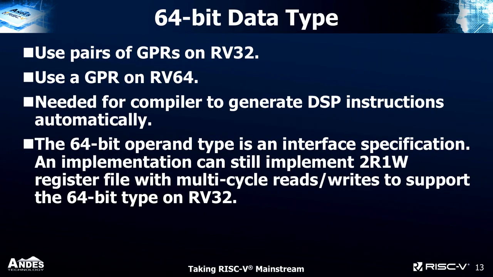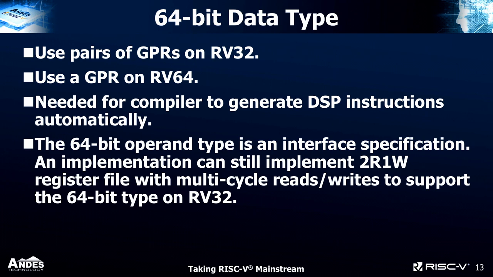About 64-bit data types in RV32, we propose to use pairs of GPRs to support the 64-bit data types. In RV64, it's already a natural data type, so you don't have to do anything special. And why do we do that? Because if we support these 64-bit data types, then the compiler can automatically generate the DSP instructions for this 64-bit data type, which it will actually use frequently.